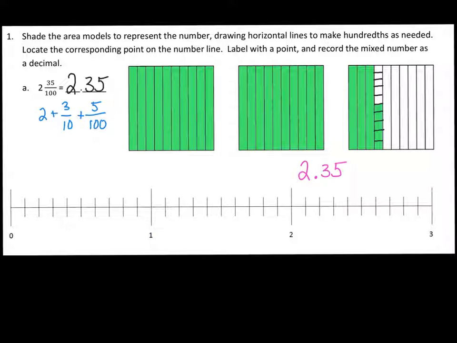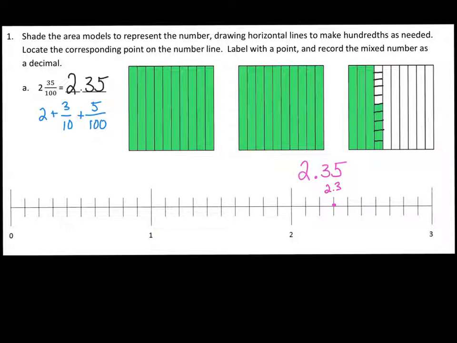So let's see. Let's count, because this is broken up into tenths. 1/10, 2/10, 3/10, 4/10, 5/10, 6/10, 7/10, 8/10, 9/10, and this makes the next whole 10/10. So let's locate, because the 3 is in the tenths place, let's locate that on the number line. Well, it would be right here, would represent 2 and 3/10.